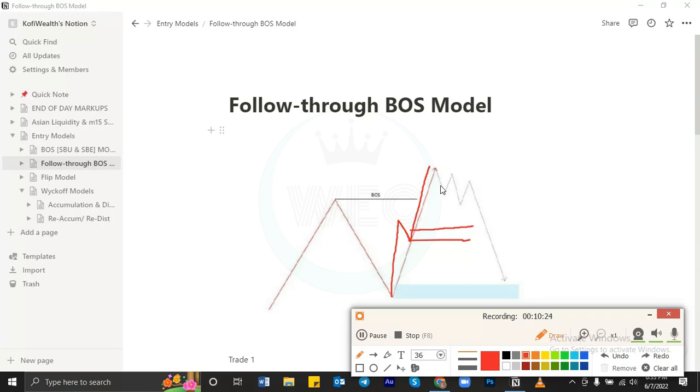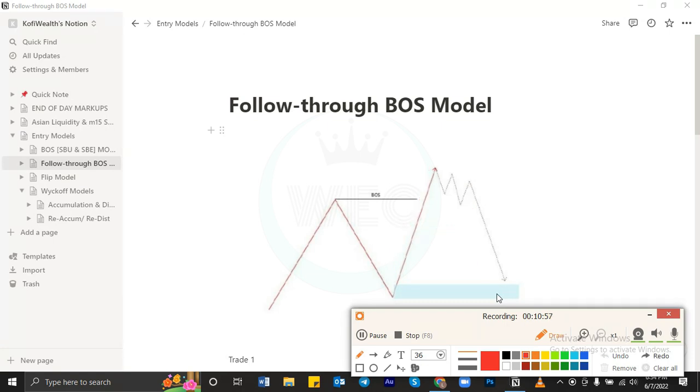So it means that if you have any entry to make, you have to wait for this 5 minute level to break. And sometimes if you wait for this 5 minute entry level to break, you might miss out on the whole move. You might have price making a swift movement to the downside without even retracing, and you might end up missing a trade.